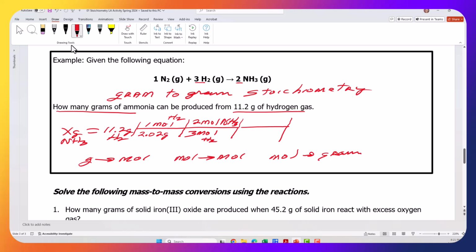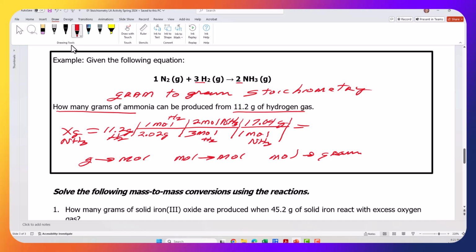We're trying to get rid of moles of hydrogen. And finally, 1 mole of NH3 ammonia weighs 17.04 grams. All right. 1 mole of nitrogen, 14.01 plus 3.03 for the 3 hydrogens.